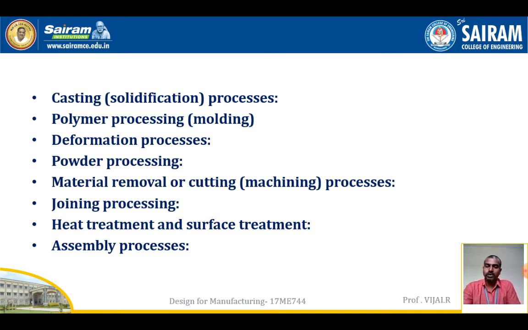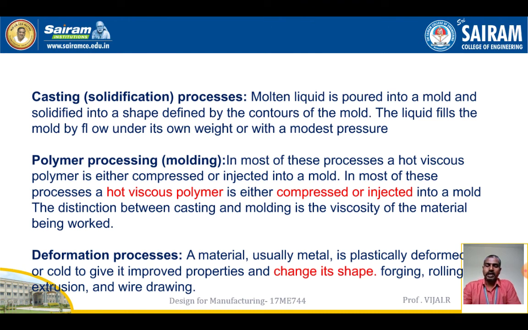That is very important for selecting these processes. The casting process is used for pouring molten liquid into a mold. In casting, injection molding is also there. There are different processes which help to improve the shape and the surface finish of the product.